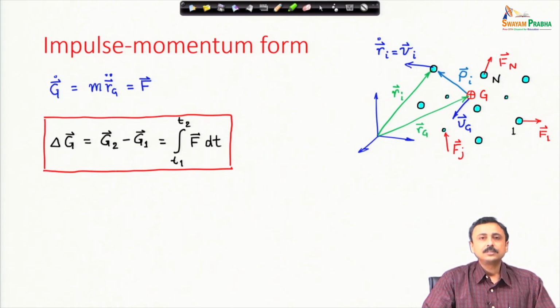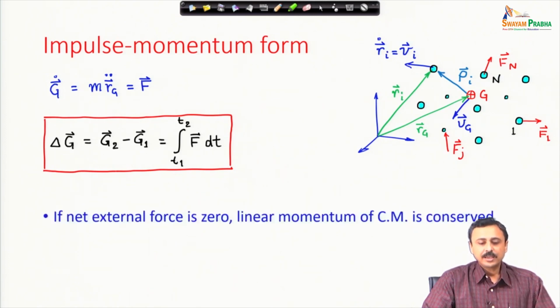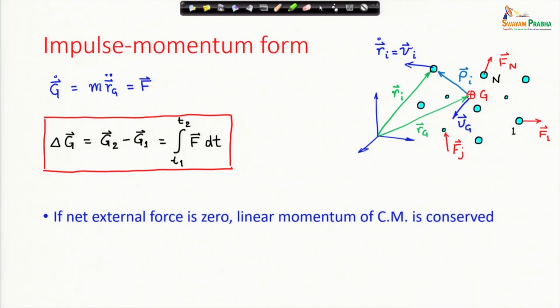This is our impulse momentum relation. If there is no external force, then the linear momentum of the center of mass is conserved. Here we notice once again that internal forces do not contribute, because they do not appear in the generalized Newton's second law for a system of particles.